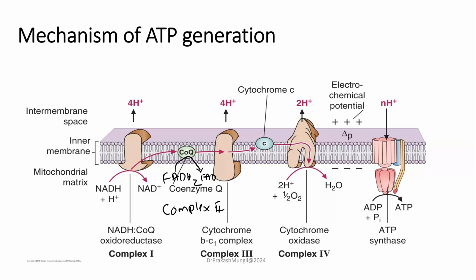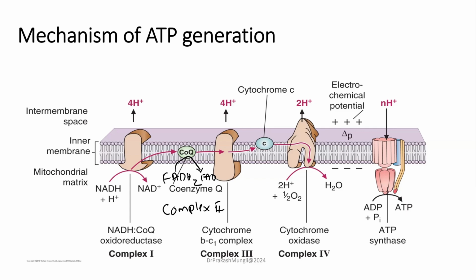For complex 2, you need to write down the 3 names, which are available in the previous figure. Then complex 3, the BC1 complex, and then complex 4, cytochrome C oxidase. Cytochrome C and coenzyme Q are the mobile carriers.